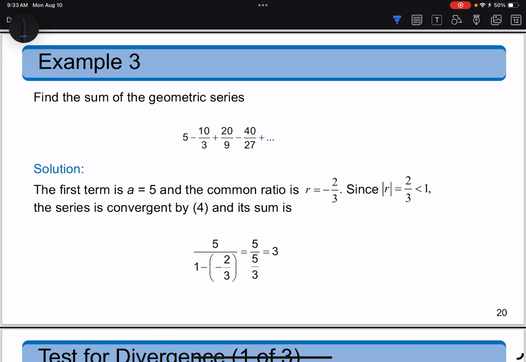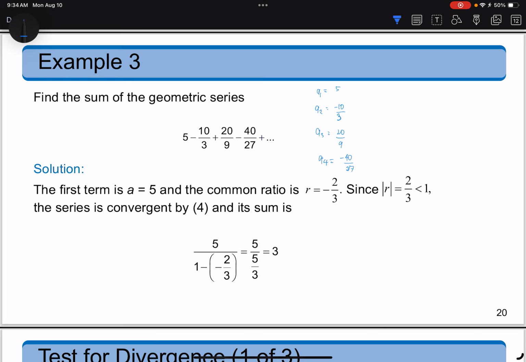So, applying the concept for geometric series, a sub 1 is equal to 5, a sub 2 is negative 10 over 3, a sub 3 is 20 over 9, a sub 4 is negative 40 over 27.